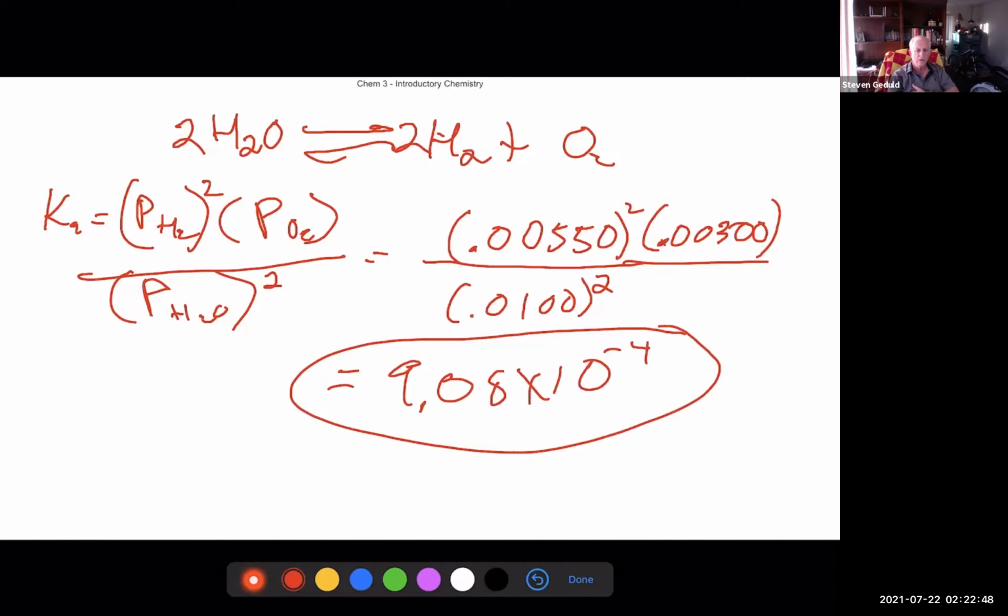I think you got 9.08 times 10 to the negative 2. That's probably because you forgot this square right here. That's probably the only thing you did wrong.